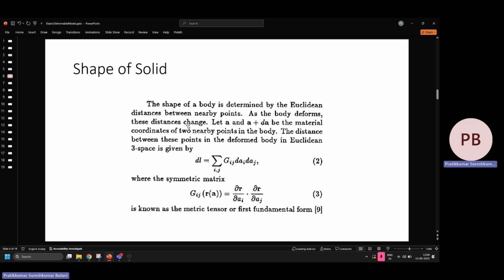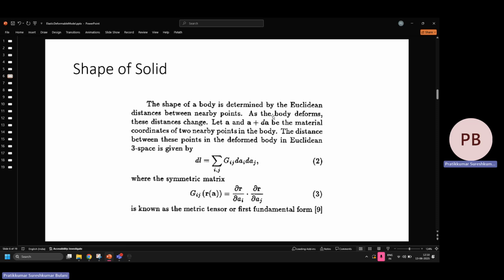Okay, so again, let's go through it. The shape of the body is determined by the Euclidean distance between nearby points. I mean positive distance. There is no sign attached. It's positive.